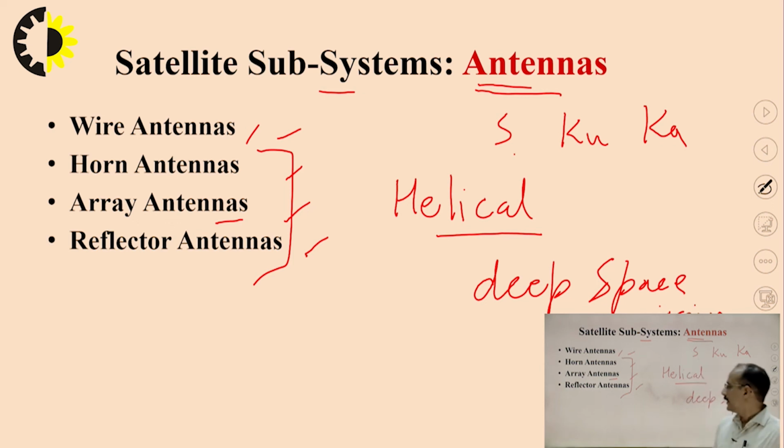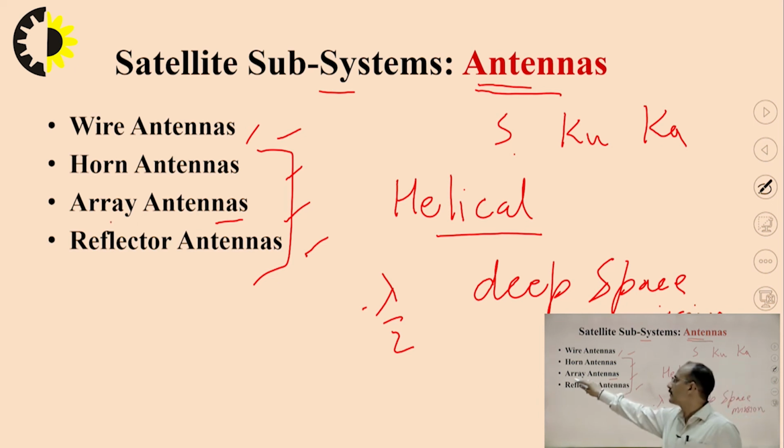It means if you take a lambda by 2 monopole and a dipole antenna, and its directivity and gain is not as per the requirement of your system, you can make a group, an array, of antennas to increase the directivity and gain, and that group is called an antenna array.